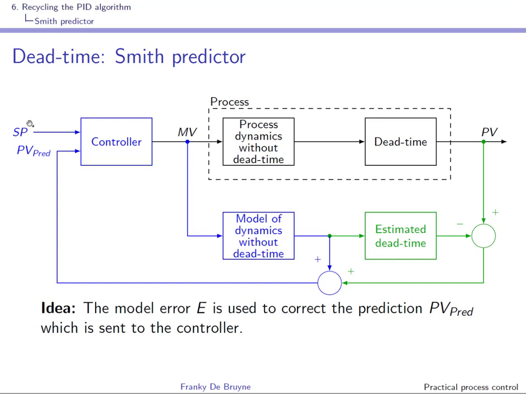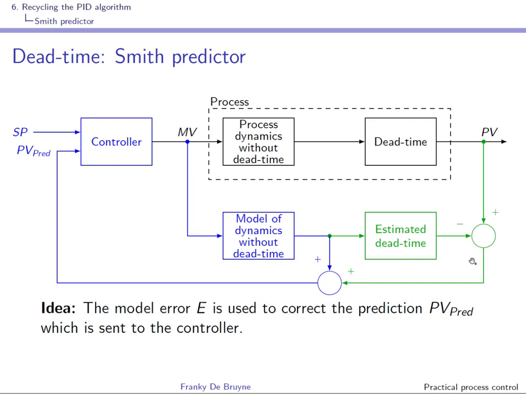In first instance, this means before the process is reacting because of the delay, only the model is used to control the system. After a time that corresponds to the time delay, of course, the process starts to react, and you can compare the process with the output of the model, right? And you can use that information to correct.